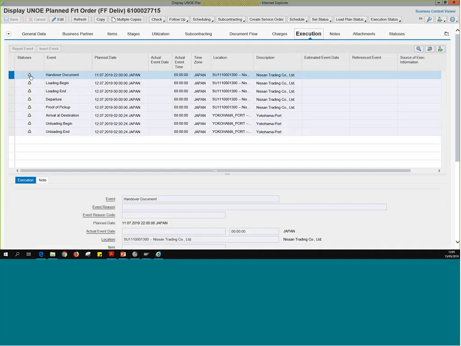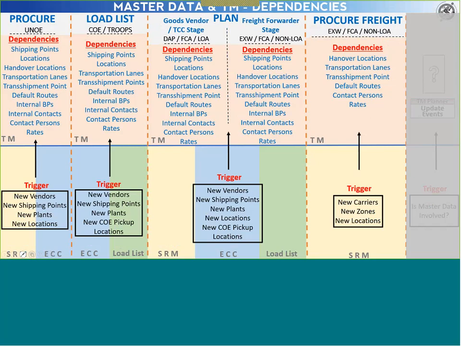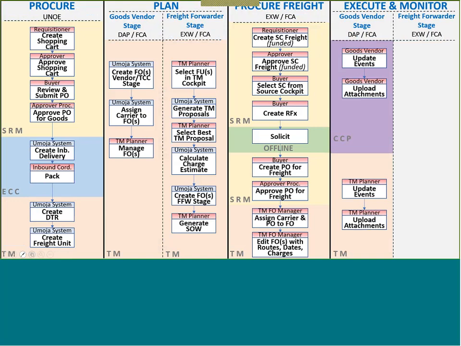Because if we go back to our PowerPoint quickly, we'll see that in the last section, which is related to execute and monitor, we have the possibility of having goods vendors update events in CCP, but the TM planner could always update events and upload attachments in TM.